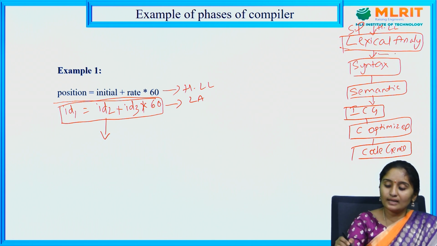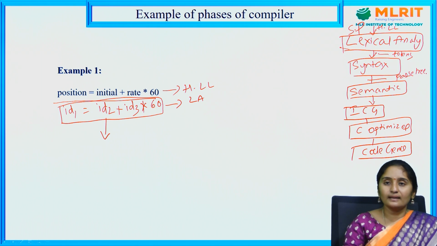The lexical analyzer generates tokens. These tokens are given to the syntax analyzer. The syntax analyzer generates a parse tree. The parse tree is given as an input to the semantic analyzer. The semantic analyzer generates an annotated parse tree. This annotated parse tree is given as an input to the intermediate code generator.